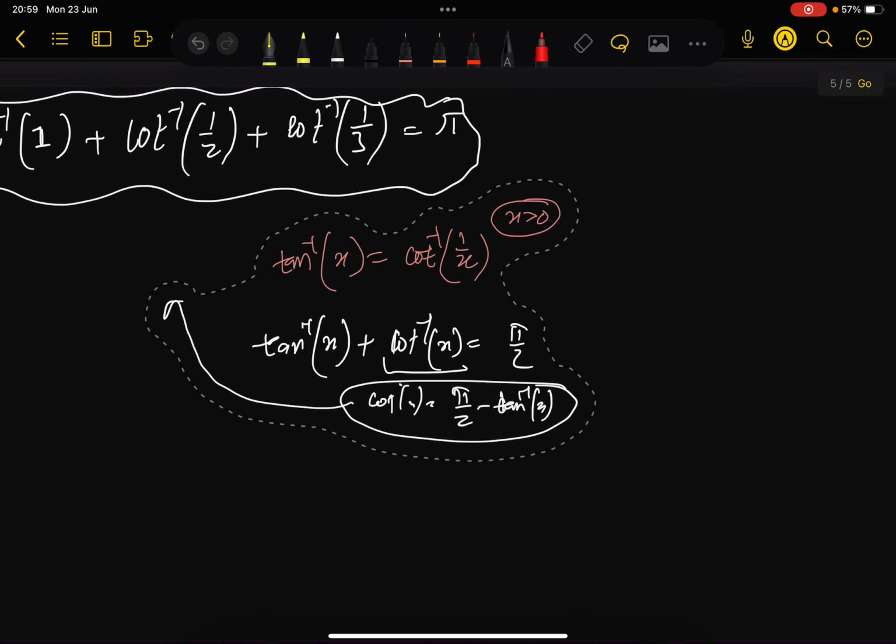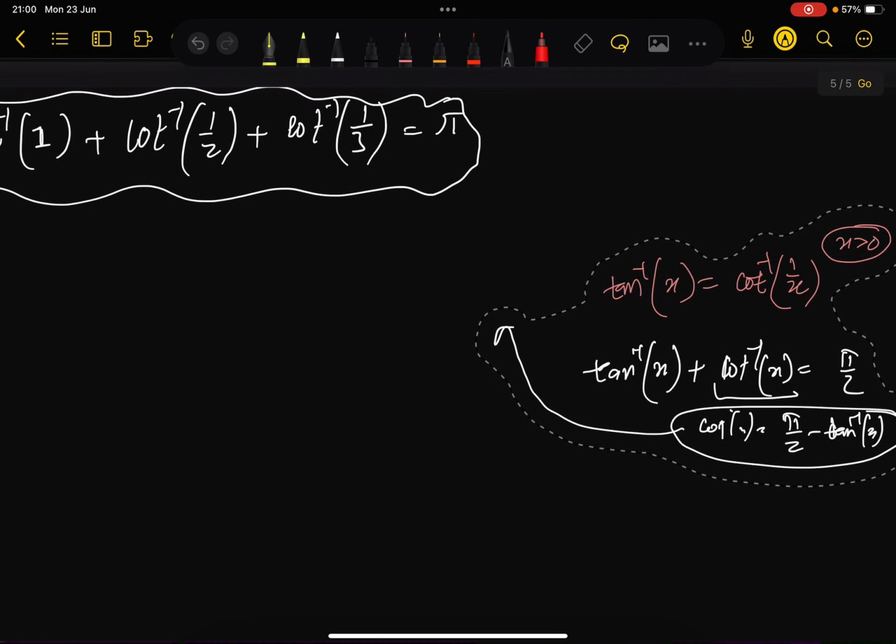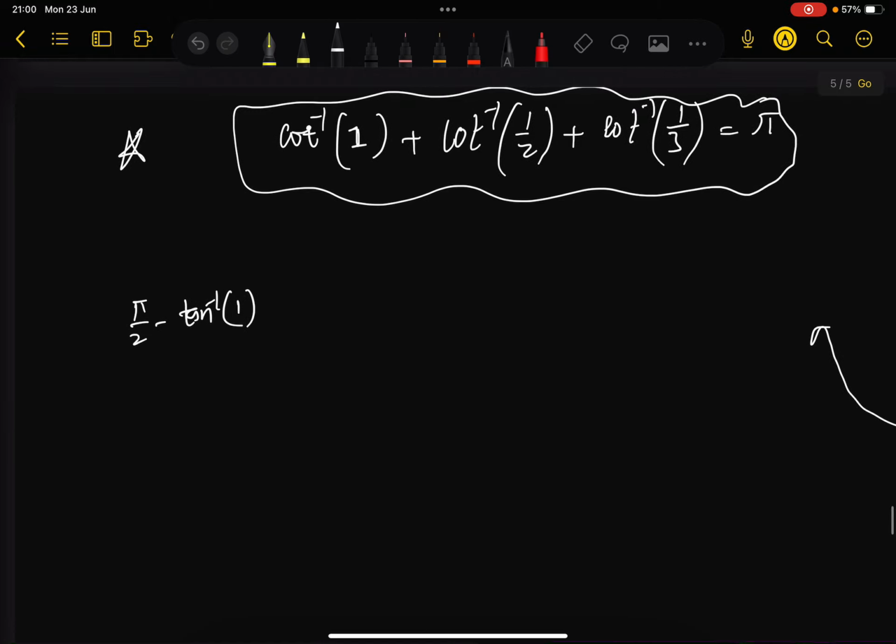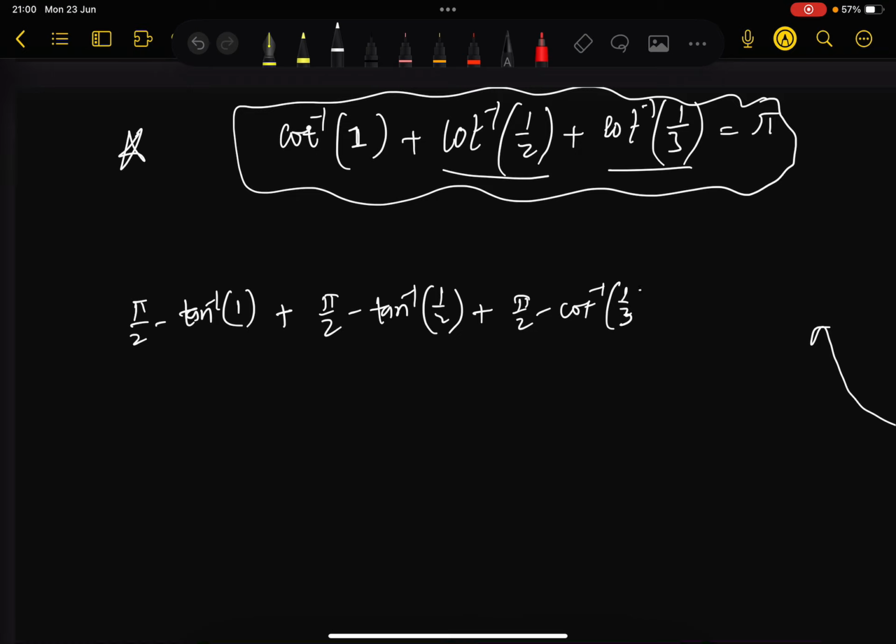So plus cot inverse half, you can write pi by 2 minus tan inverse half, plus for this you can write pi by 2 minus tan inverse 1 by 3, and that equals overall pi.